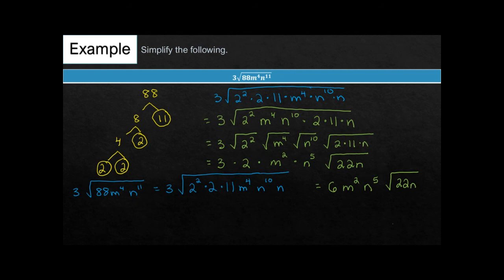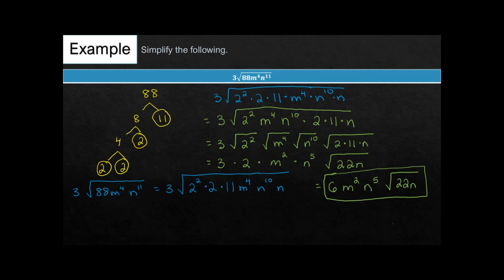Oops, that was a really terrible straight line for boxing purposes. And that is the final simplified answer. So we were able to remove as many variables and stuff from the inside as we could.